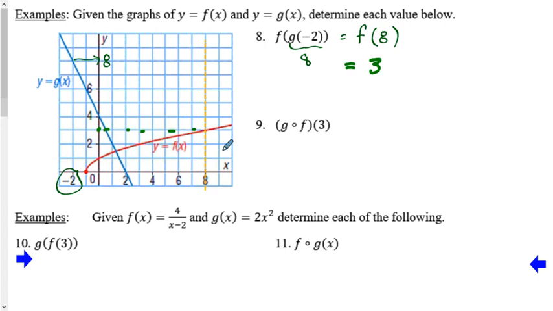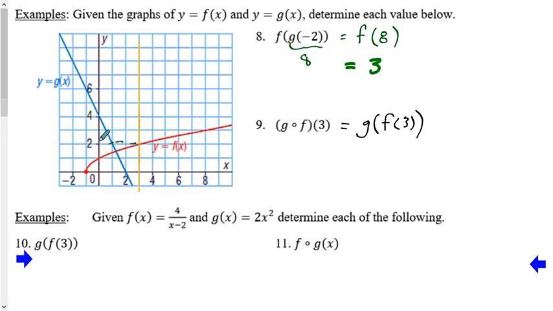Well, I started by rewriting it just because this notation is a little bit simpler for my brain. So I start with this input of 3. So I look here and see what input of 3, and my f of x function is operating on this, so I'm looking at the red function, and I see that when I plug in a 3 as input, the output I get is a 2.